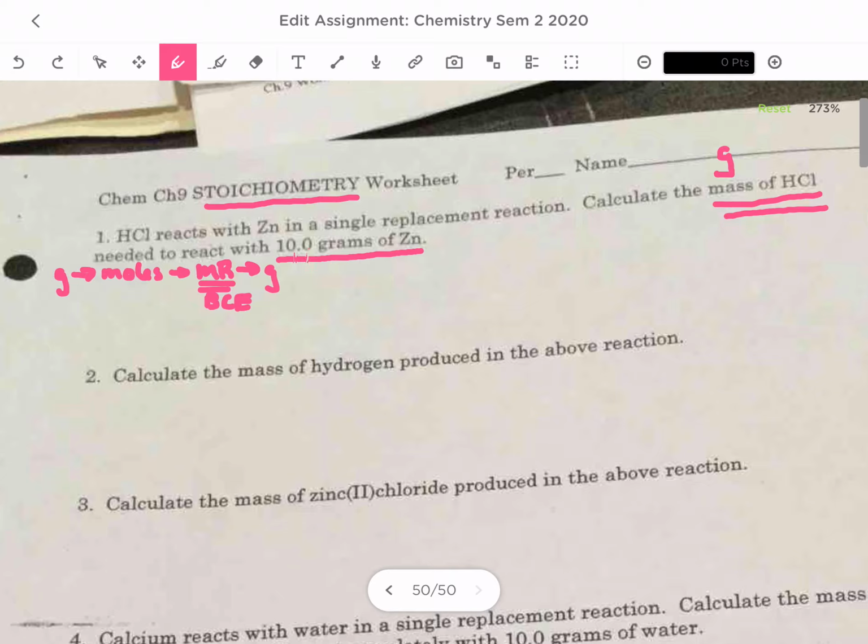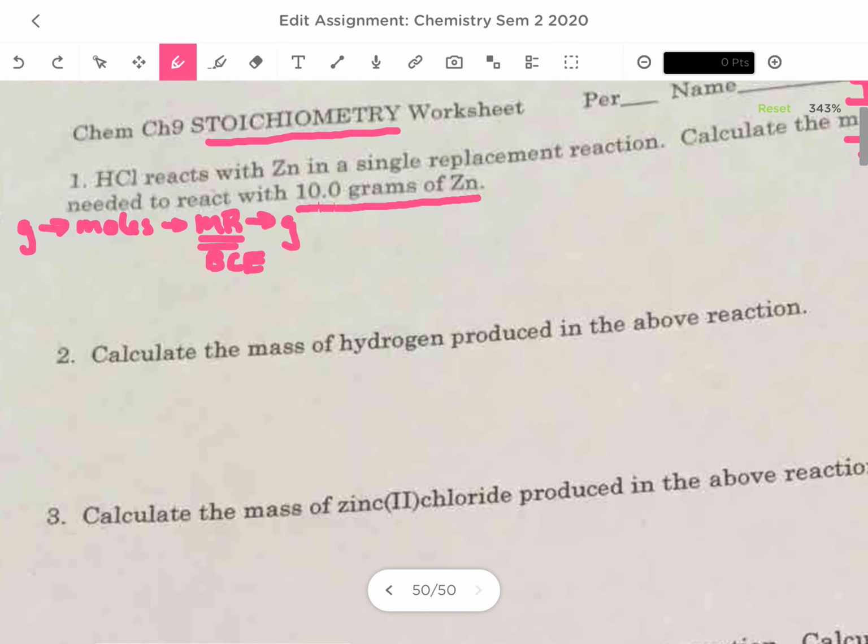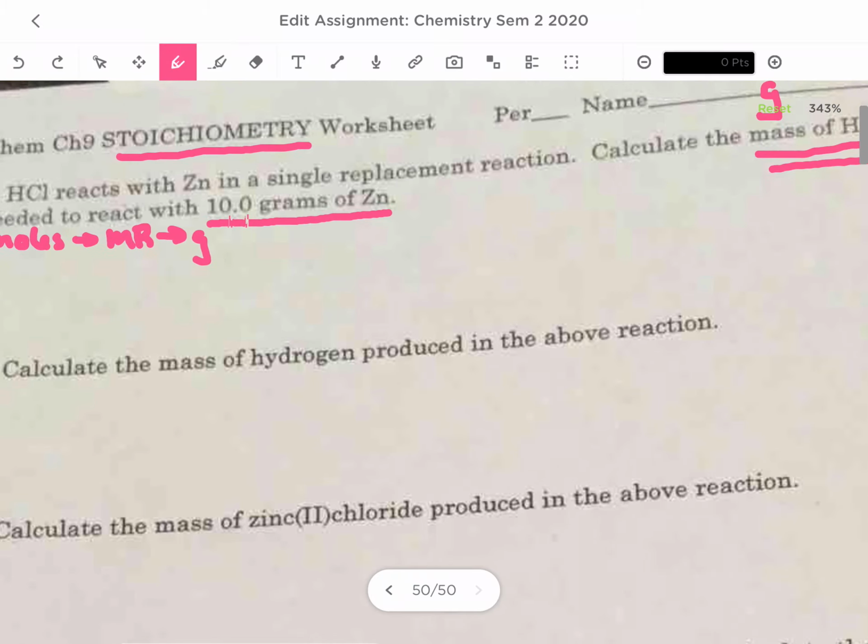So if we look at this first sentence here, I'm going to erase some of this stuff so it doesn't take up a whole bunch of room. If we look at this first sentence here, it says HCl reacts with zinc in a single replacement reaction.